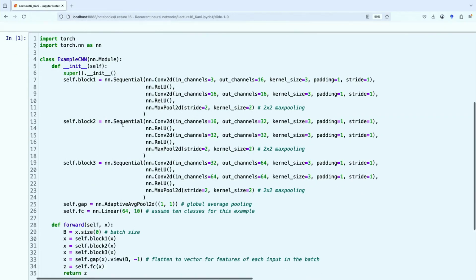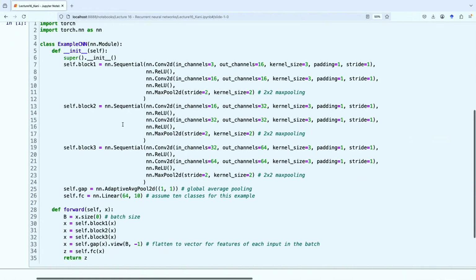So for instance, in this convolutional neural network, which I believe we explored last time. Actually, no, this is a bit more complex than the one we explored last time. We have a 2D convolution. We have a number of in channels, number of out channels, kernel size, et cetera, padding, stride. We know what that means.